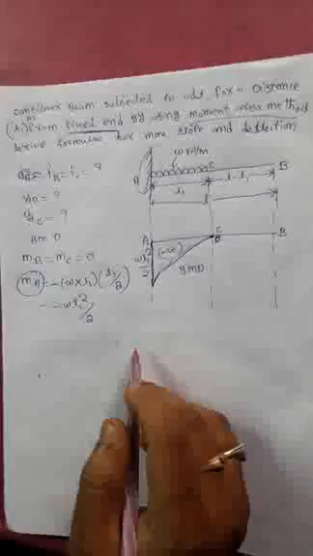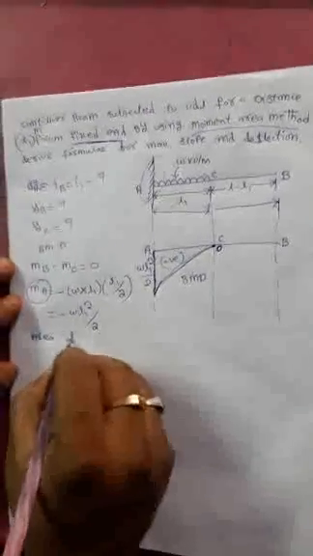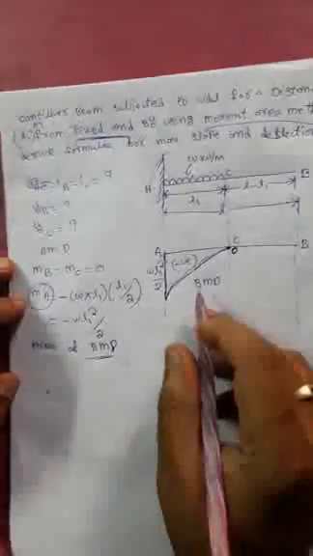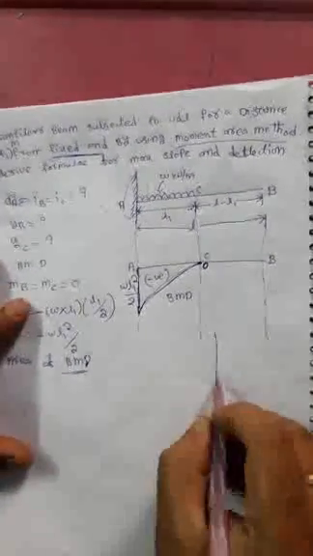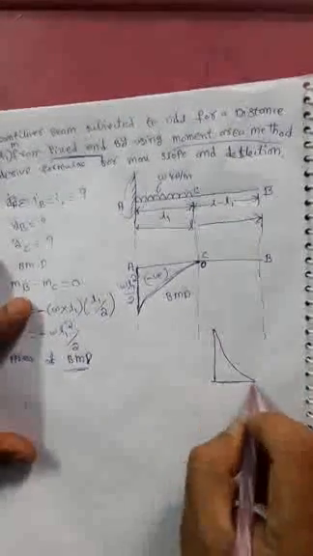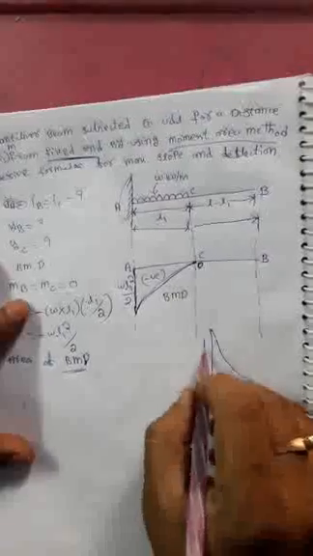So next we are going to find the area of the BMD. BMD is nothing but the bending moment diagram. This bending moment diagram is a shape like this, a parabolic shape, and this is the base and this is the height.